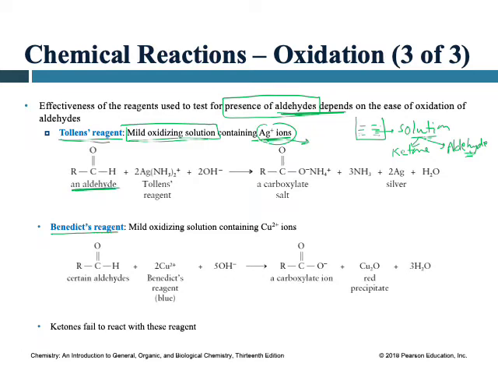You have to put in Tollens reagent, which contains silver ions. Then what should be the product? A carboxylic acid, and then the silver ion is going to reduce to silver.